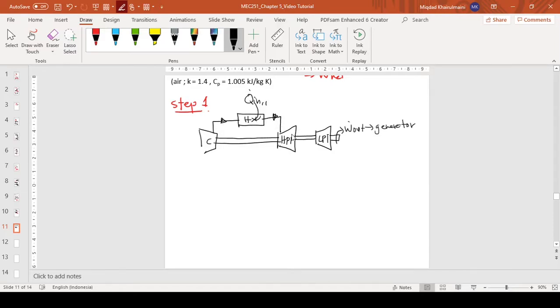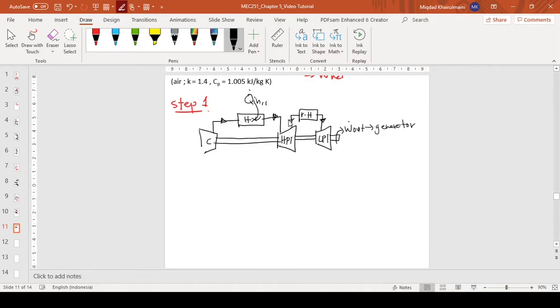We can draw the exit either on top or below. It exits the high pressure turbine and enters a reheater, and it exits the reheater to enter the low pressure turbine.